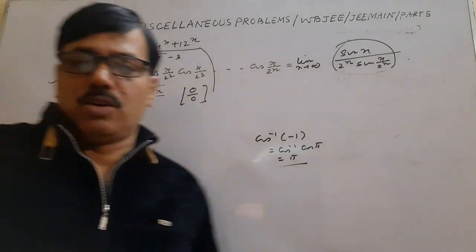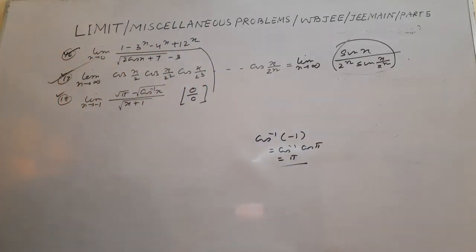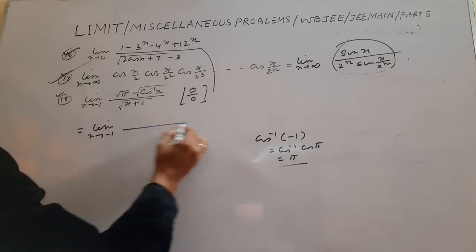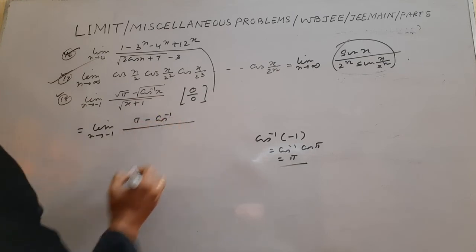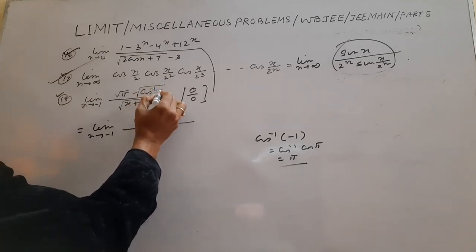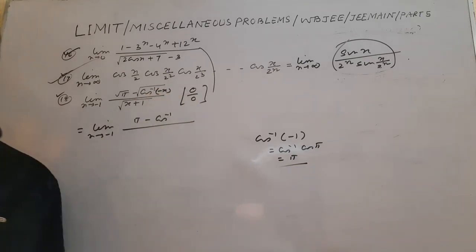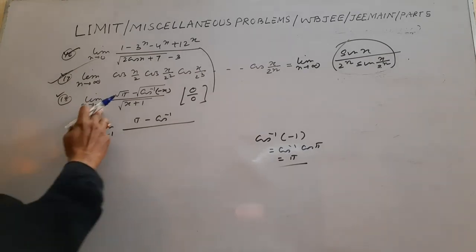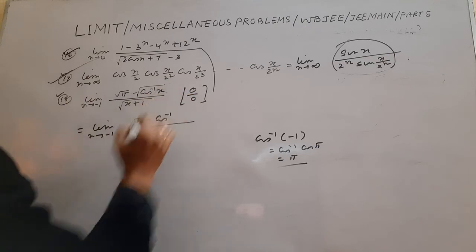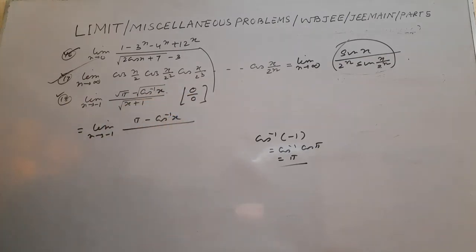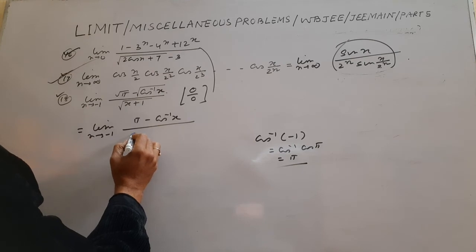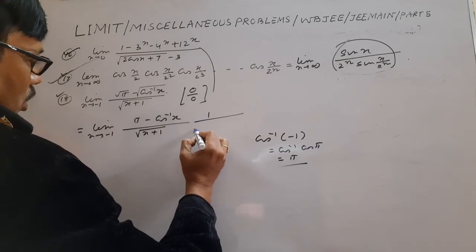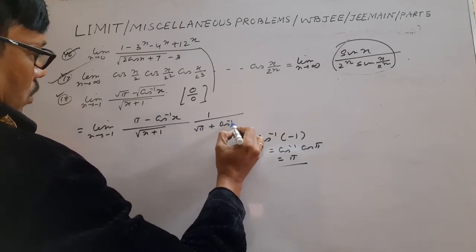We can use L'Hospital at the beginning, or you can rationalize it. So rationalize first. Pi minus cos inverse x, and this is root over x plus 1, times 1 by root pi plus root cos inverse x.